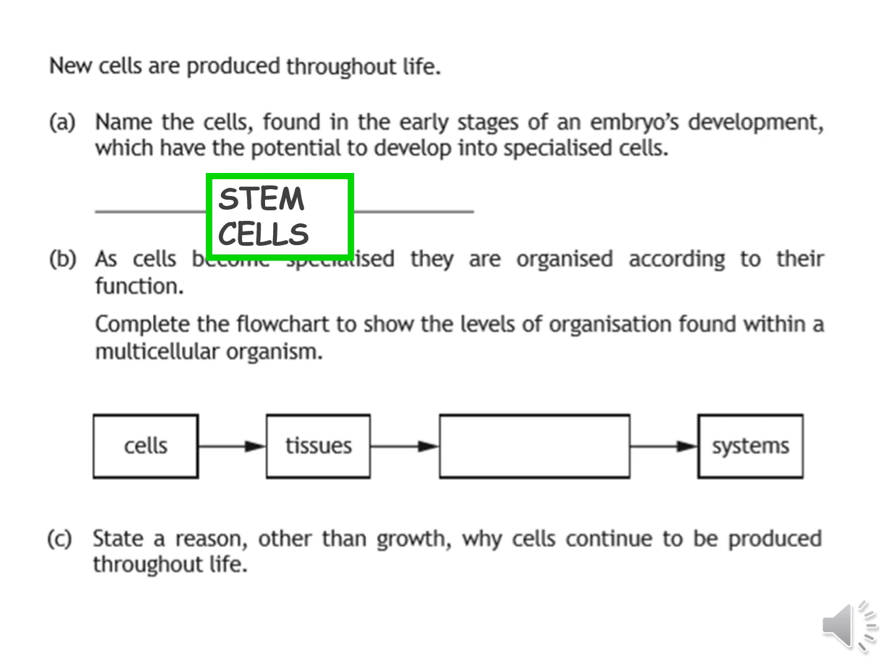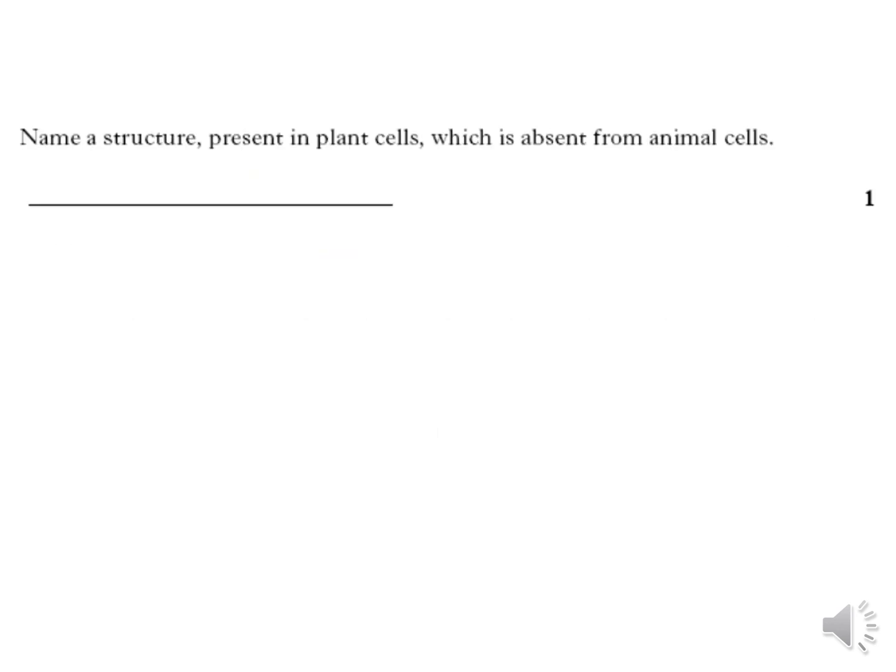State a reason other than growth why cells continue to be produced throughout life. Growth, and what happens when you break a leg? Repair. Well done. Name a structure present in plant cells which is absent from animal cells. There's a few to choose from.